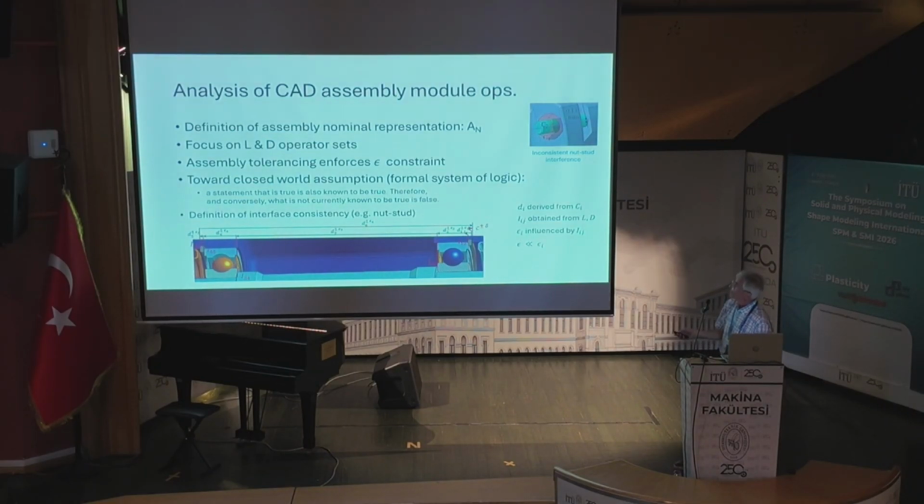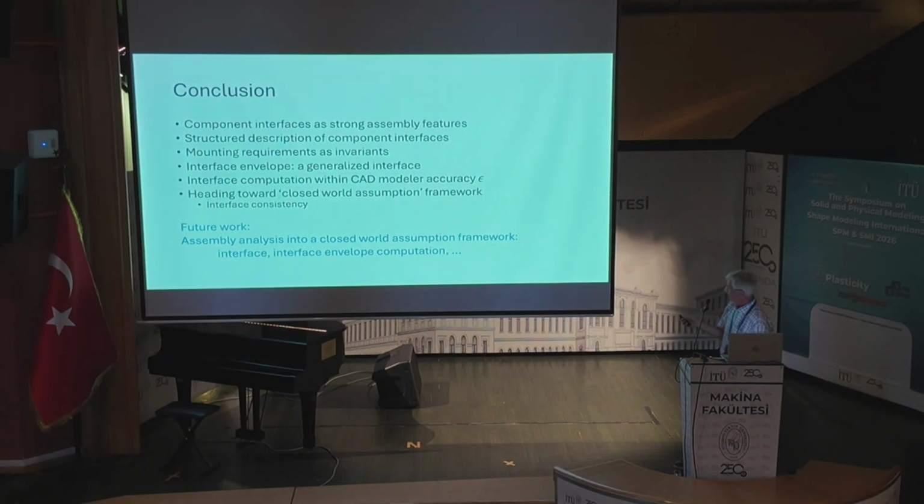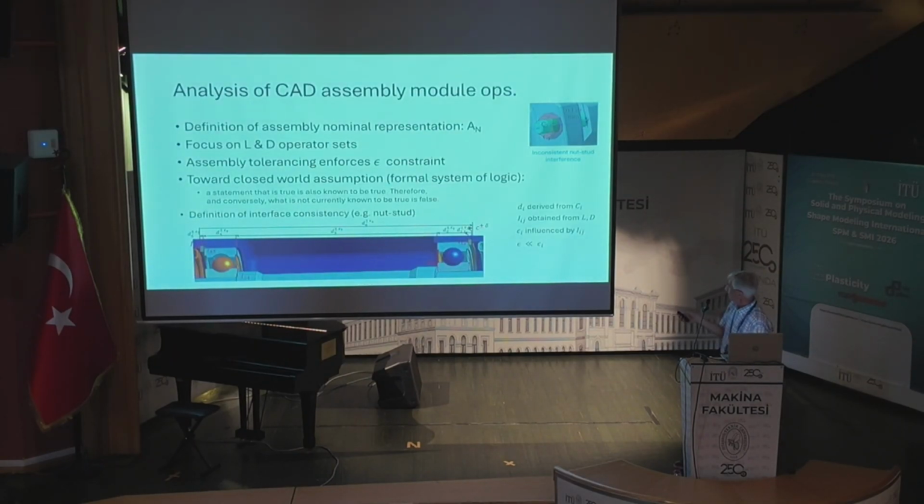This is illustrated with the notion of consistency of interface, and enables, for example, in this configuration, to characterize the fact that because the interference here is not based on the coaxiality of the cylinders that is within the tolerance of the modeler, this is an inconsistent interference.